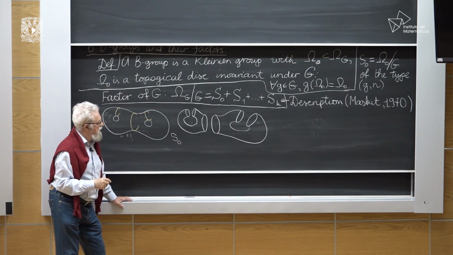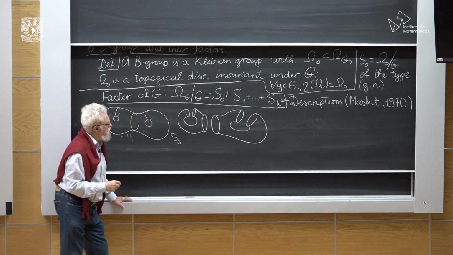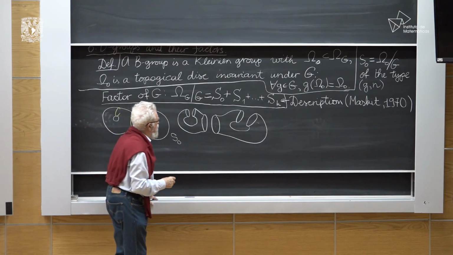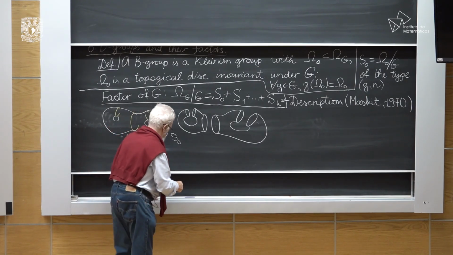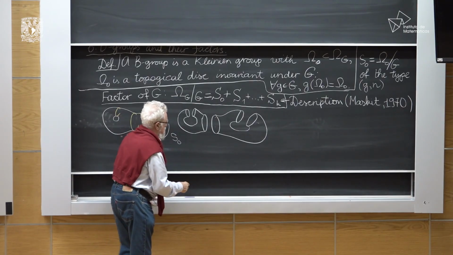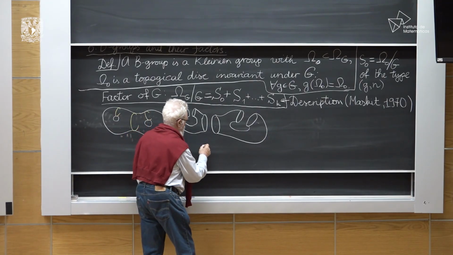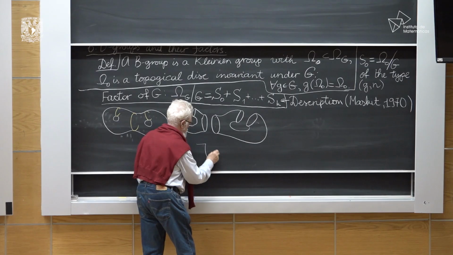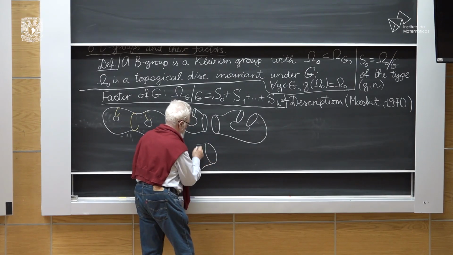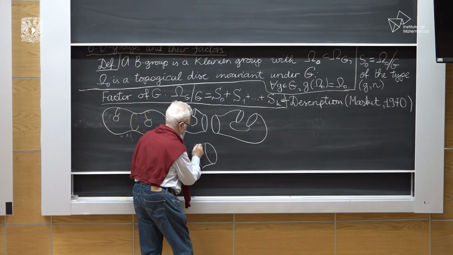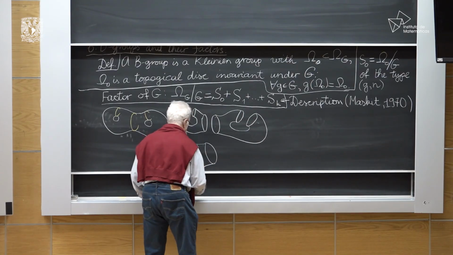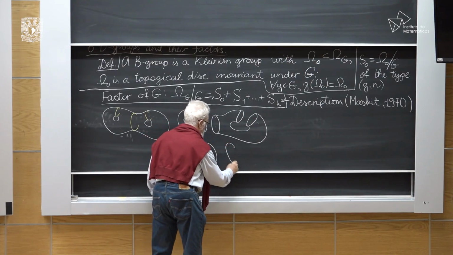After that, inside every hole, you glue in a punctured disk. So you have a hole, and this is only a part of the picture. And you glue in a punctured disk.